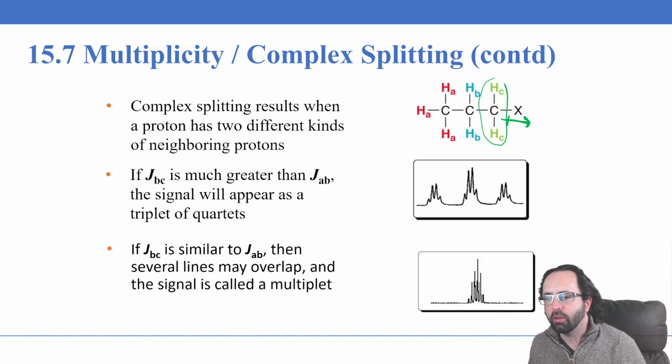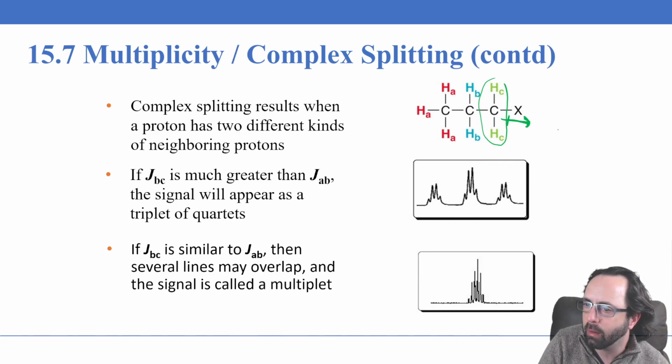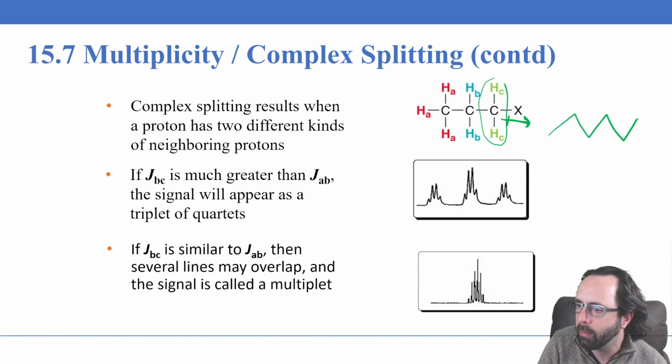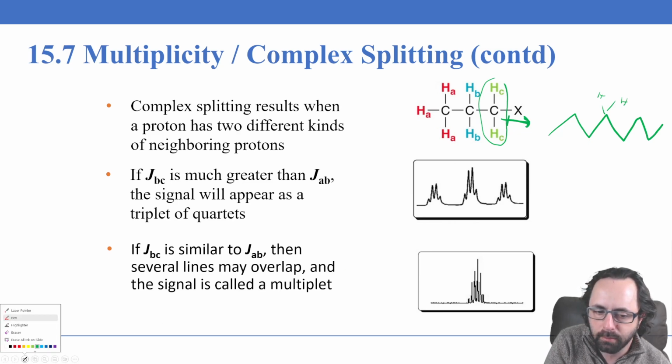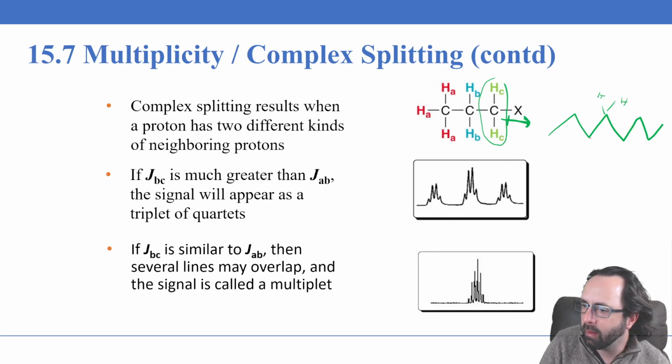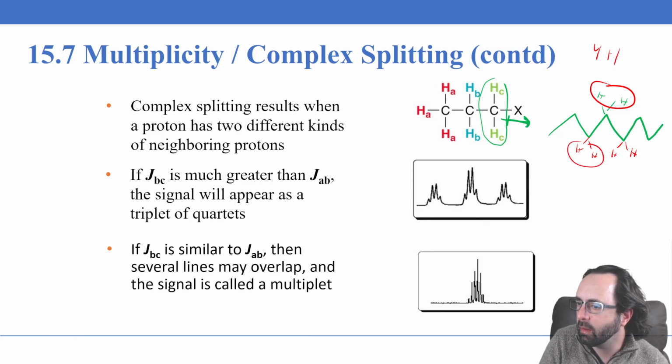But assuming you have a different molecule, let's say a really long molecule like this one, and you had these two hydrogens right here, these hydrogens are not going to be split into a triplet of a triplet, because the chemical environment for this carbon is essentially the same as this one. So these would split into 4 plus 1, 4 hydrogens plus 1.